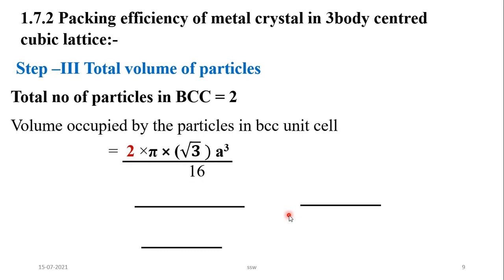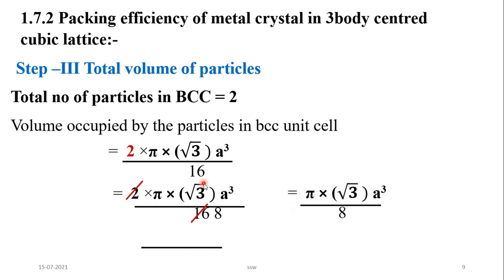2 into pi. You have to multiply this by 2. So 2 into pi into root 3 into A cube divided by 16. And that is equal to how much? 2 into 8, that is 16, so here volume occupied by the particle in BCC unit cell is equal to pi into root 3 into A cube divided by 8.